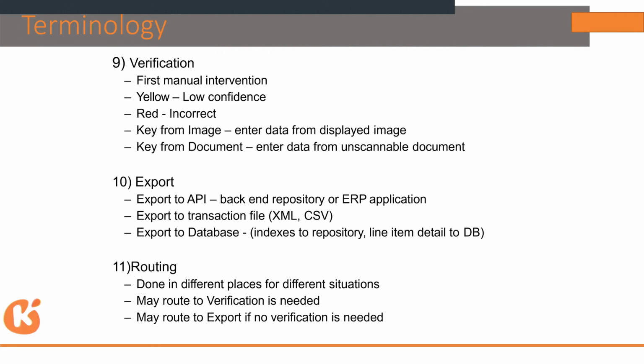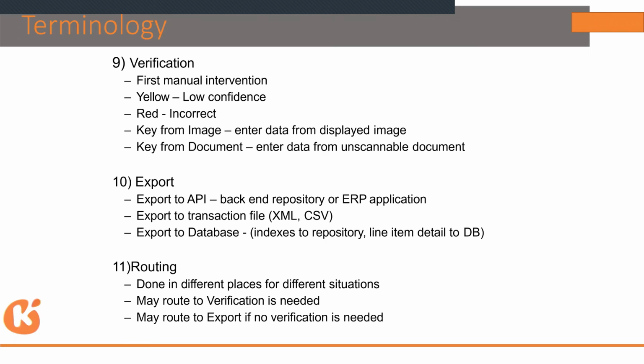In between, routing is an optional process. For example, in your business scenario, verification is not required. We have validated the data before verification. If the validation is successful, no verification is required from the user. I mean, manual intervention is not required from the user.